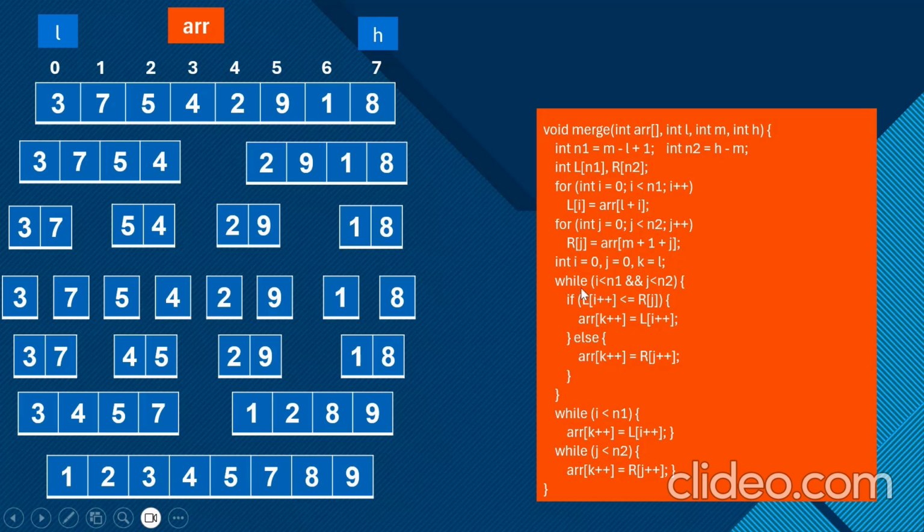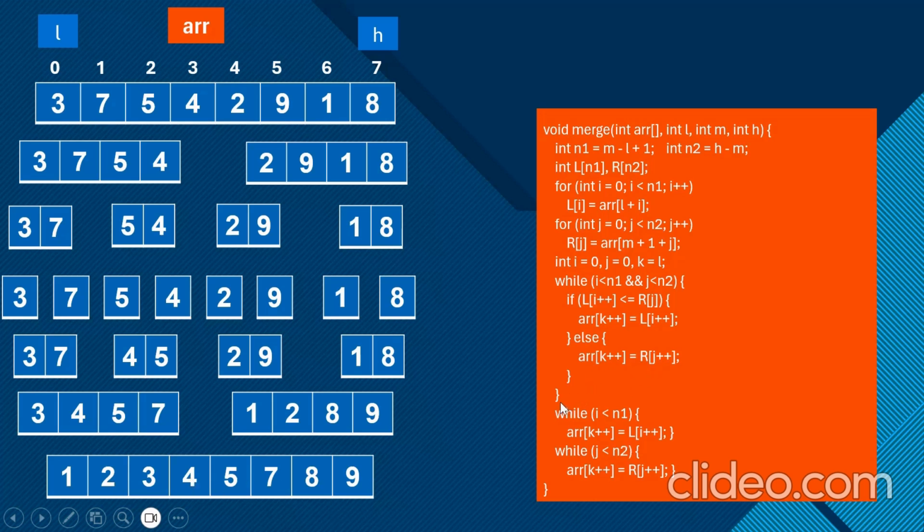So then what we say is that while there are elements in the array 1 or the left subarray, and there are elements in the right subarray rather, till then we'd be comparing the element from the left subarray with the right subarray, and accordingly we will be assigning the value from the left subarray or the right subarray to the third array, that is this, right?